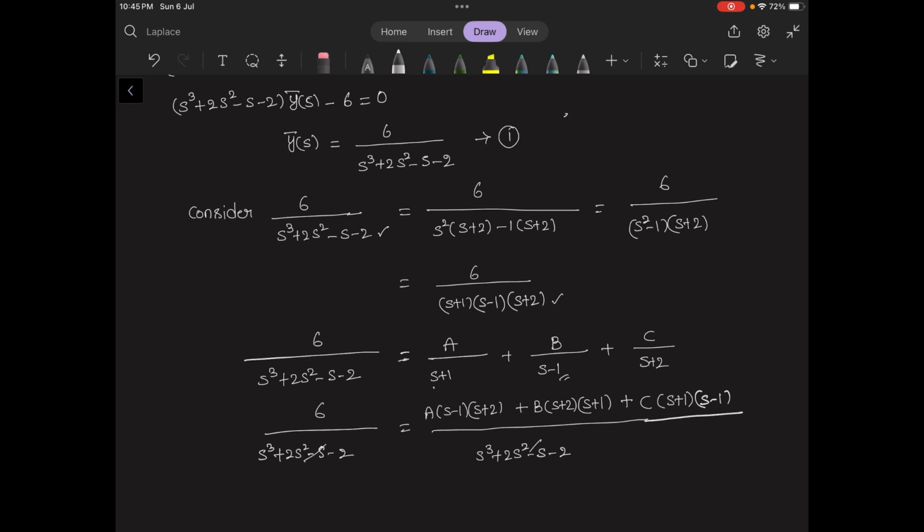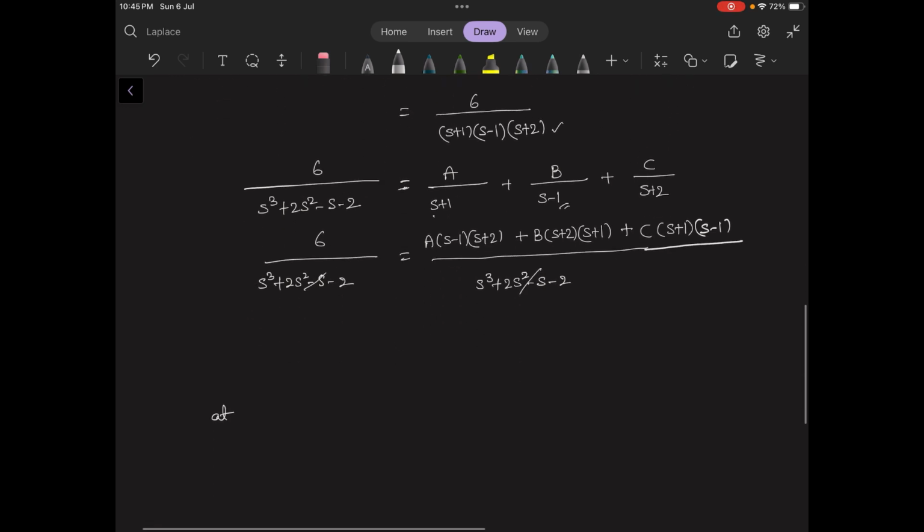Now these two denominators get cancelled. Now 6 is equal to a into s minus 1, s plus 2, plus b into s plus 2 into s plus 1, plus c into s plus 1 into s minus 1.